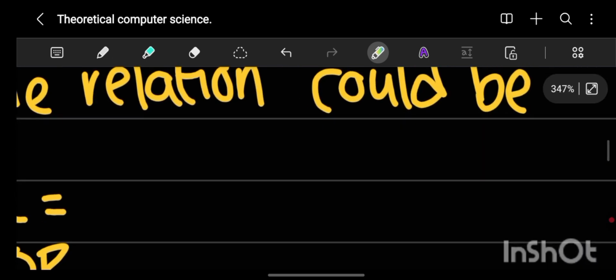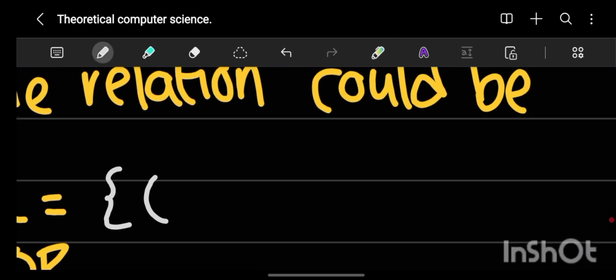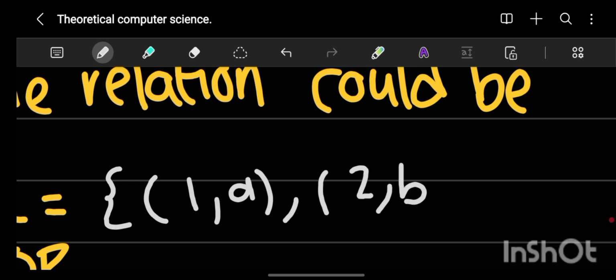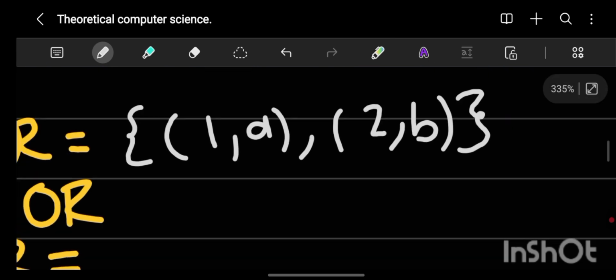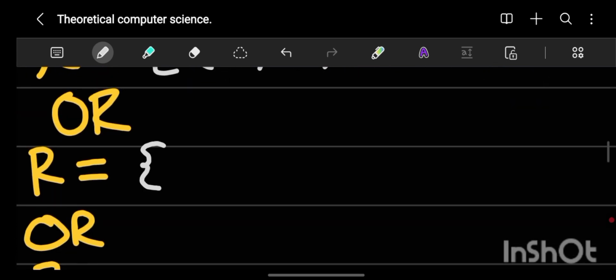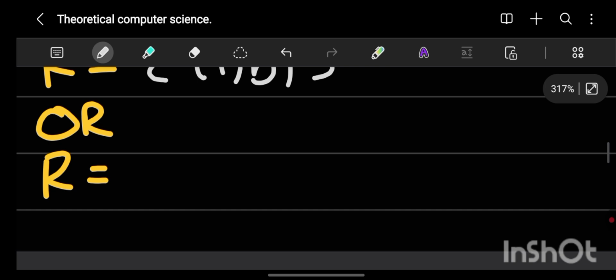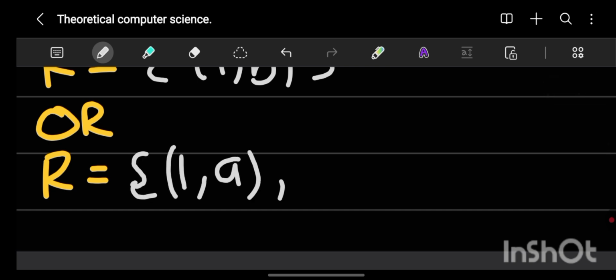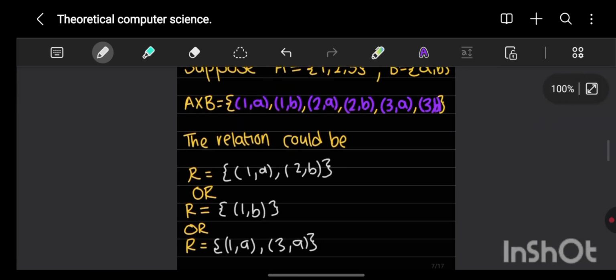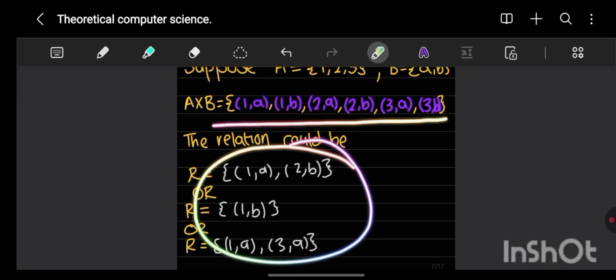So a relation here could be, for example, 1A, 2B. It can be this, it can be 1B, or it can be 1A and 3A. Can you see that everything that I've taken from here is indeed here?